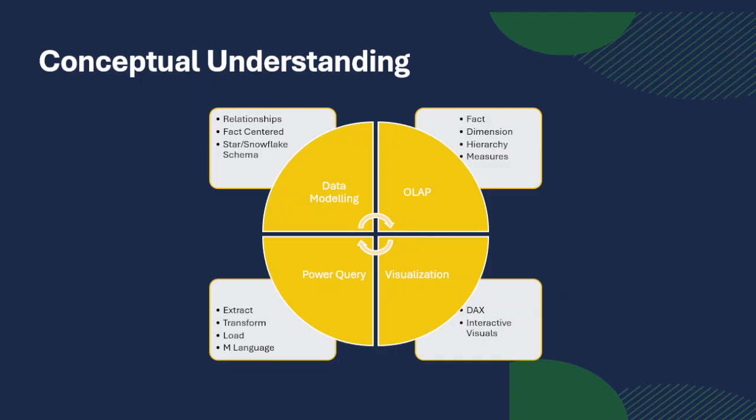You have to understand Power Query properly, and that will be discussed in a later section. And data modeling: the relationships, fact-centered star or snowflake schemas. You will learn this gradually throughout all the lectures.